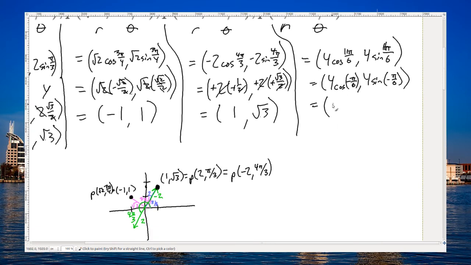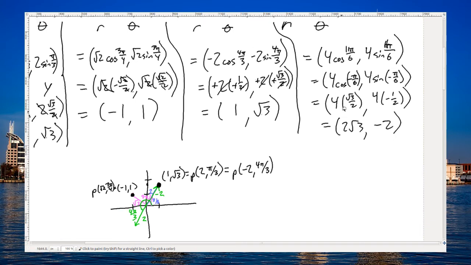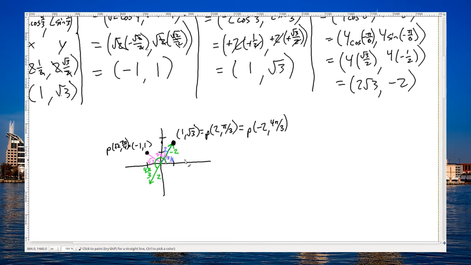And if we think of it that way, maybe that'll be easier. That'll tell us that the cosine is root 3 over 2 here, and the sine is negative 1/2 here. So I'm getting 2 root 3 comma negative 2. So I'll go out over 2 root 3, that's a little bit bigger than 3, and down 1, 2, negative 2.